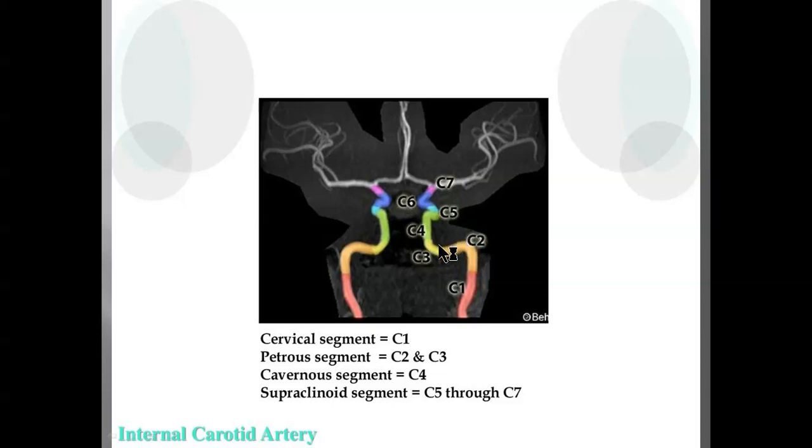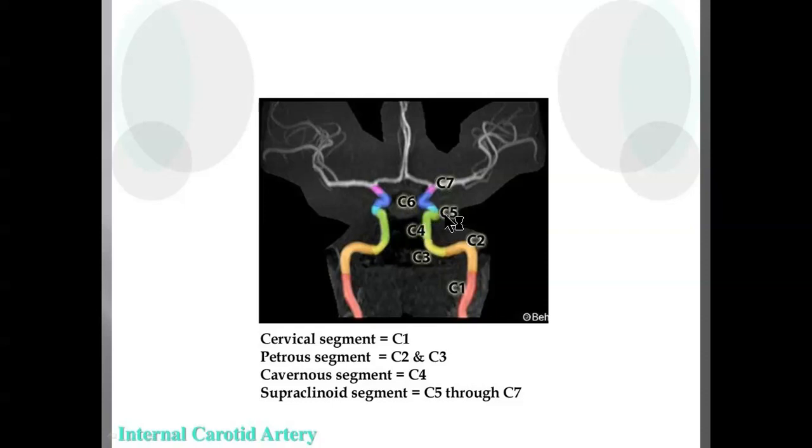Then here we have C3 part, C4, C5, C6, C7. So this is the lacerum part. So carotid canal joining the lacerum, foramen lacerum over here, lacerum segment, therefore C3. Then we have C4 over here, the cavernous segment. This is inside the cavernous sinus, C4.